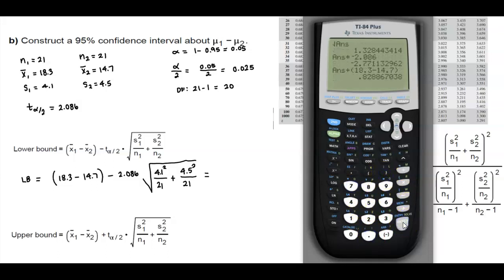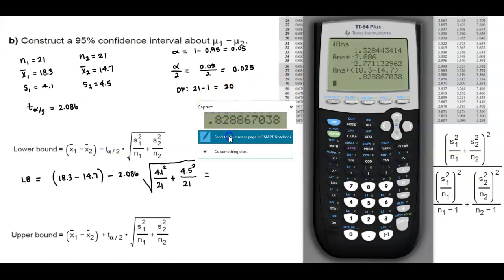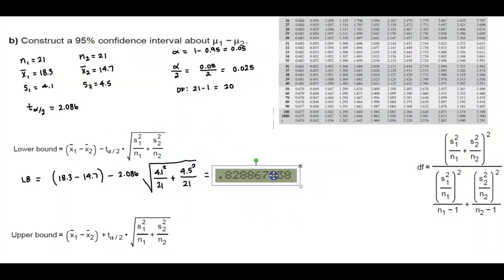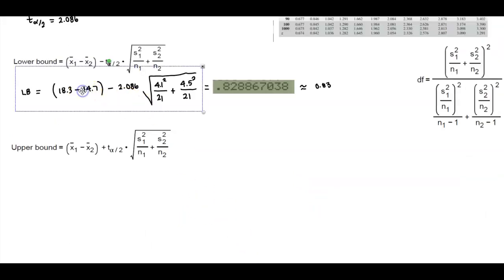And therefore we get the following number. Now we're going to round this to 2 decimal places, so we get 0.83. Now we're going to do something similar with the upper bound.